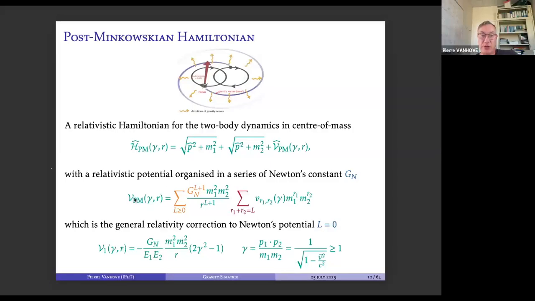But this potential in Einstein general relativity has corrections. As you know, it gets corrections to higher order in G Newton, so G squared, G cubed, etc. The higher order corrections are suppressed by higher inverse powers of the distance between the two massive objects.